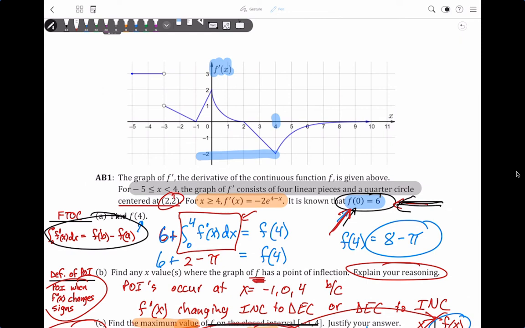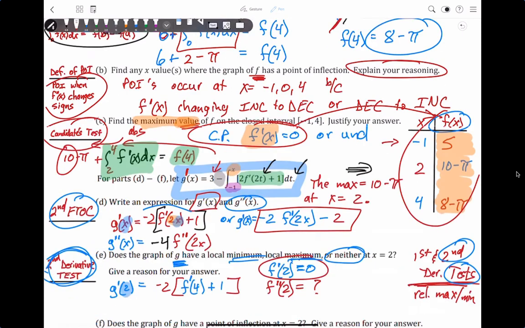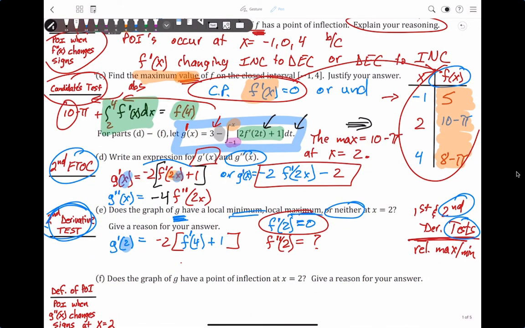So it's the y value at 4. So this is going to be -2 plus 1, which is -1. And when we multiply that with the -2, we get what? -1 times -2 is +2. We don't get the 0 that we need in order to use the second derivative test. So this is going to be neither.